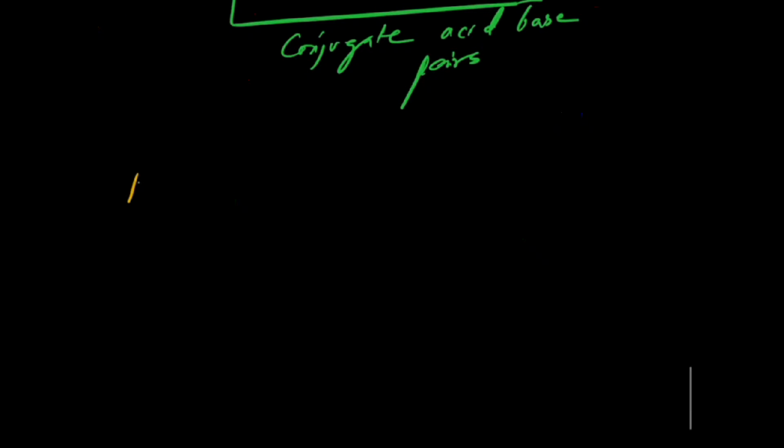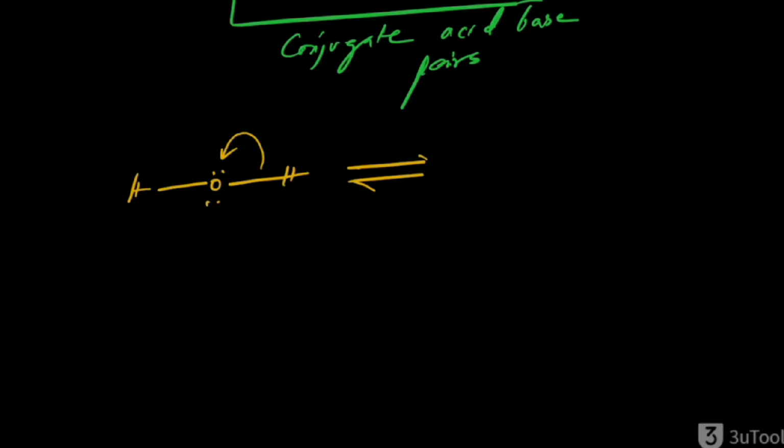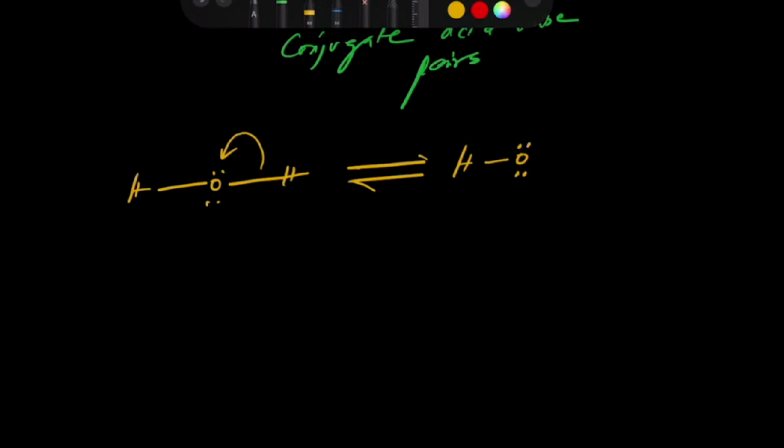Okay. Let me give you one example. Suppose you have water. Now water can act like an acid and donate a proton. So what will you get? HO minus. There were two lone pairs already, and this bond pair has become a lone pair. So this green lone pair you get.